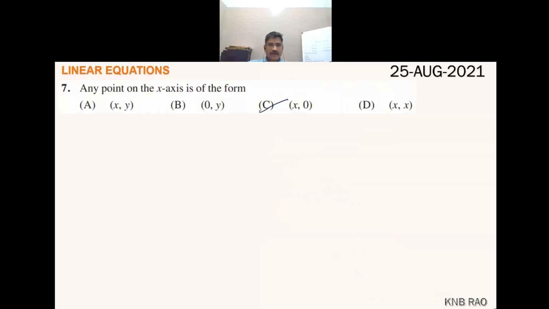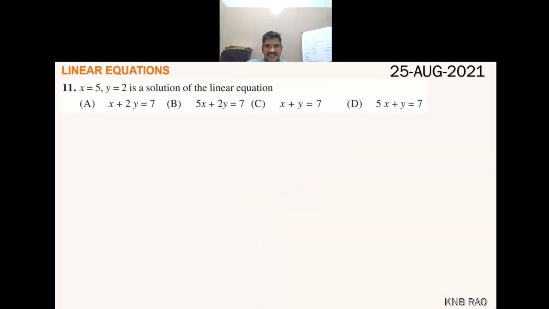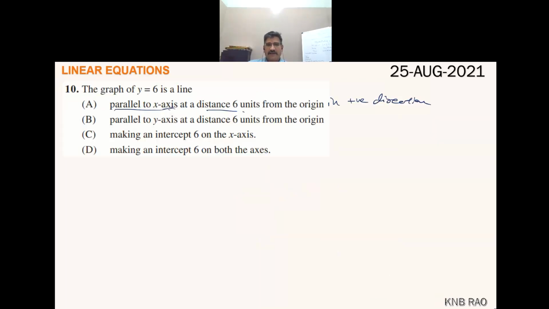That is the meaning of intercept. You will come to know intercept and all later, children. In that y-axis, the 2 was the y-intercept.